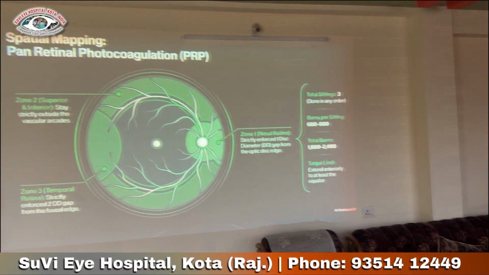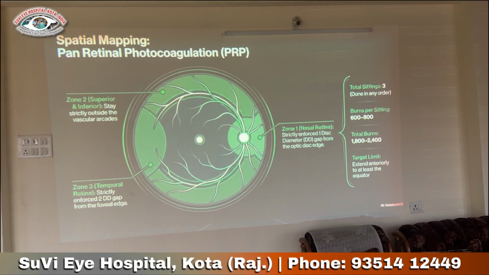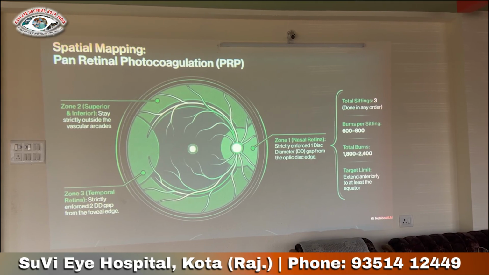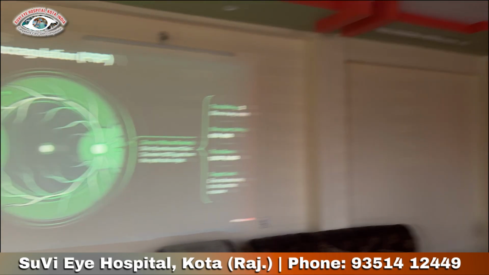Recent studies have come up which show that even the peripheral retina matters. Earlier, diabetic retinopathy was considered a posterior pole disease, but with wide field angiography and Optos, recent studies have shown that even peripheral VEGF contributes to diabetic retinopathy. I remember one patient had only one NVE, which was in the periphery, not in the posterior pole.